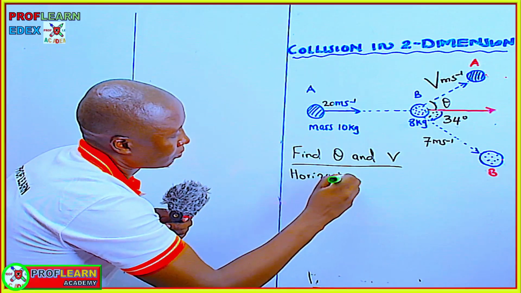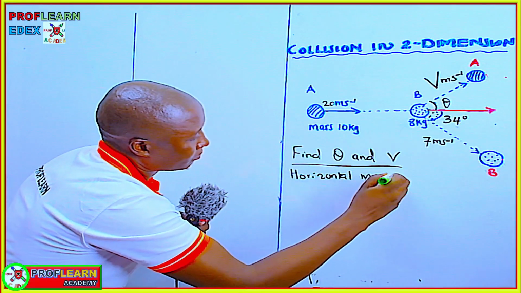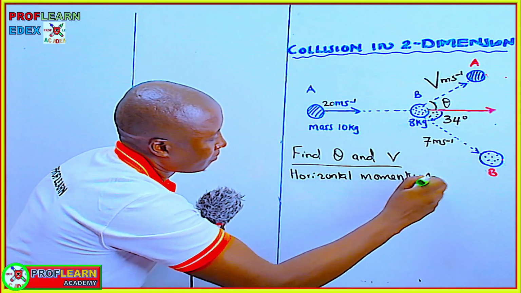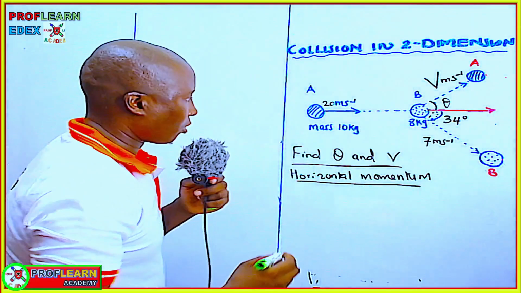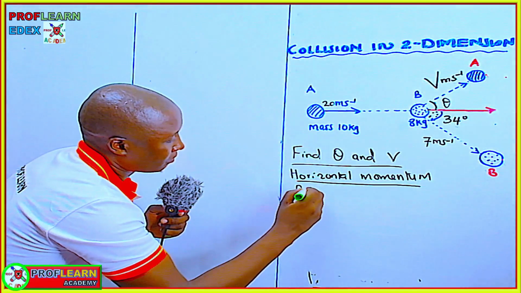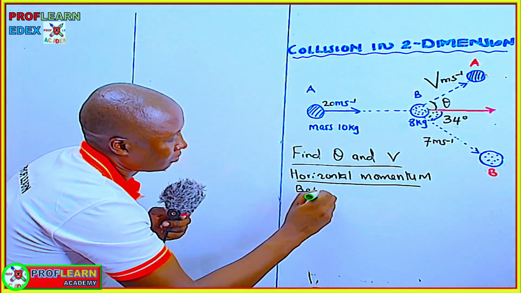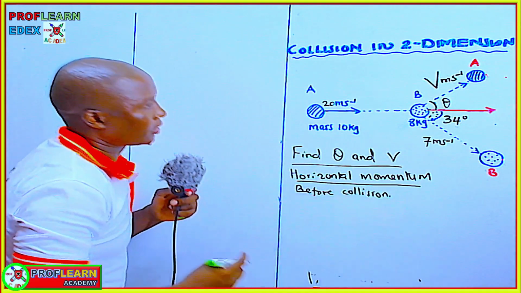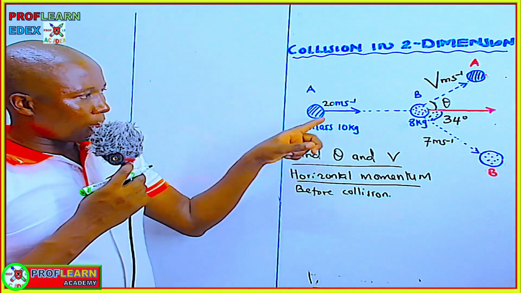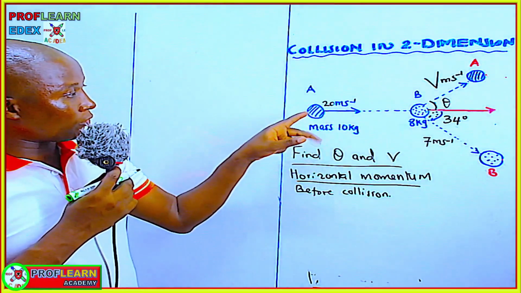Horizontal momentum. And we are going to look at that before collision. And you can see now, horizontal momentum before collision, we are talking of this object.